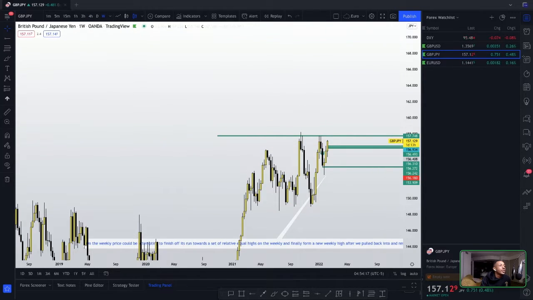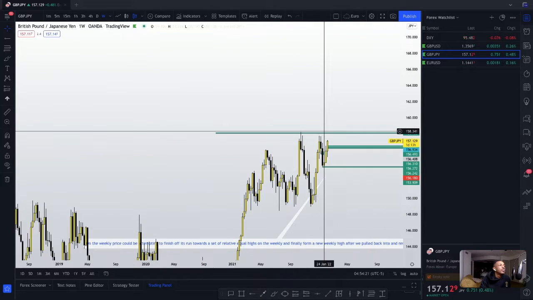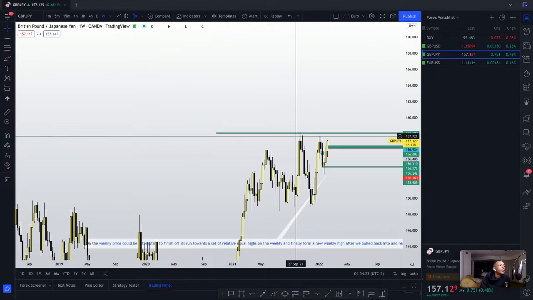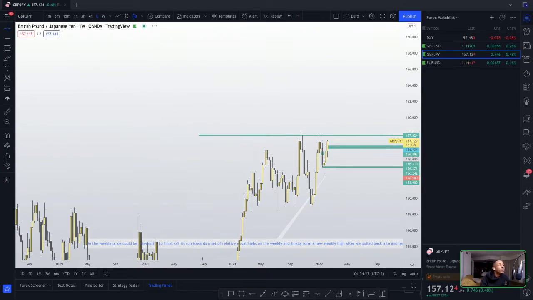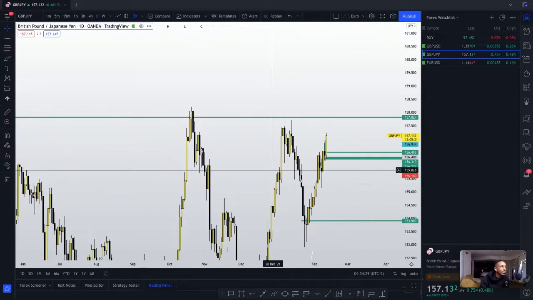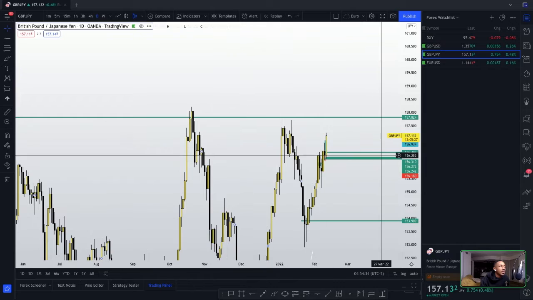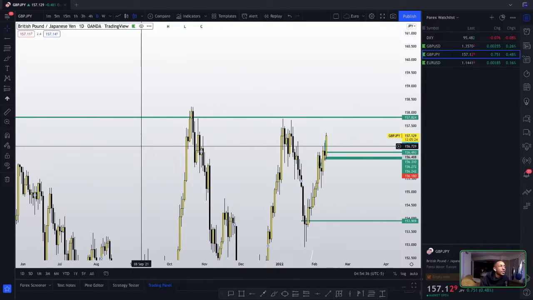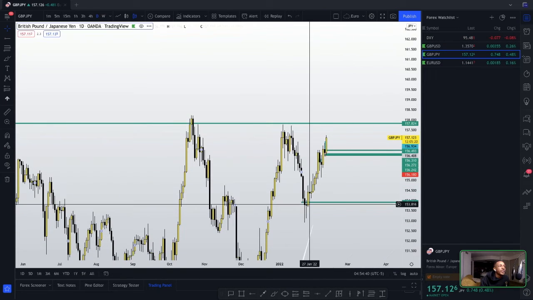I'm anticipating an expansion up to this green line, because this formation is complete here, and it will just run out those highs. But that doesn't mean I need to be entering up here in areas where sellers have stepped in again.